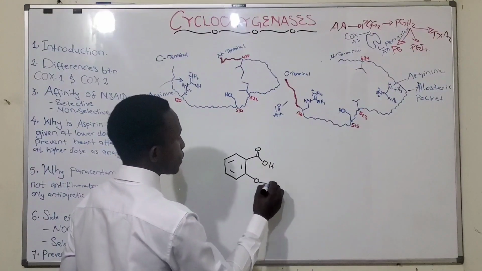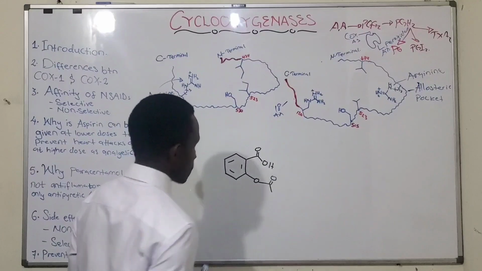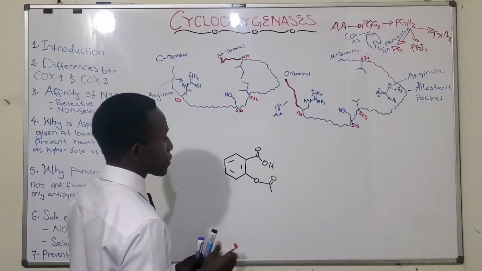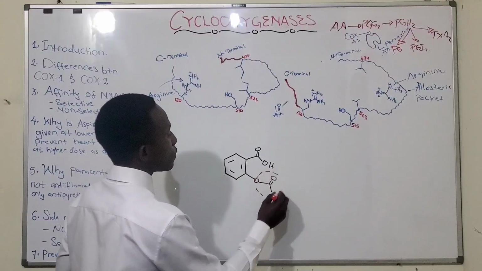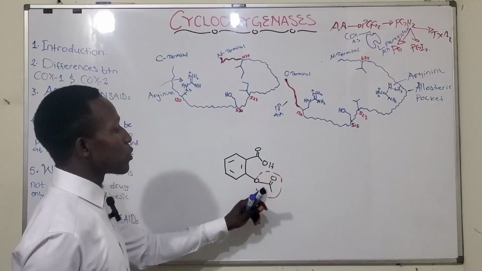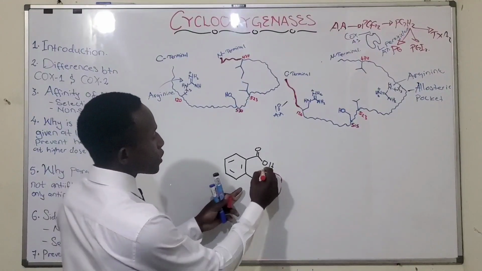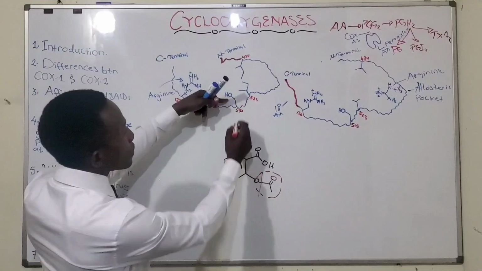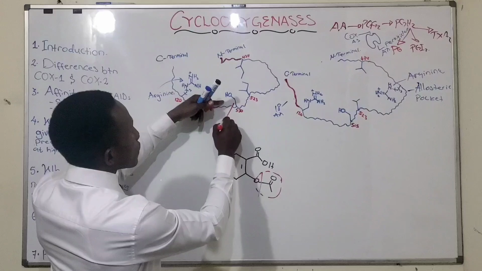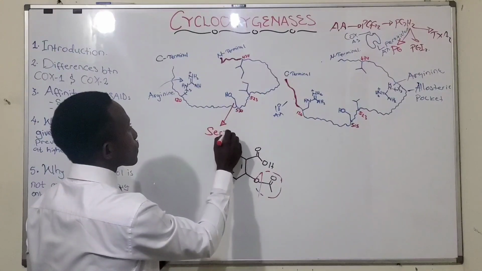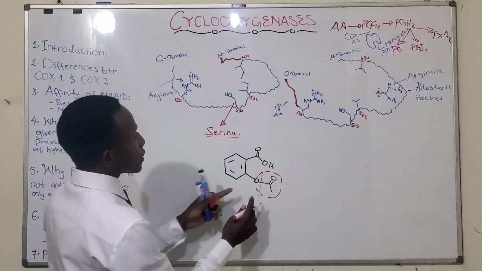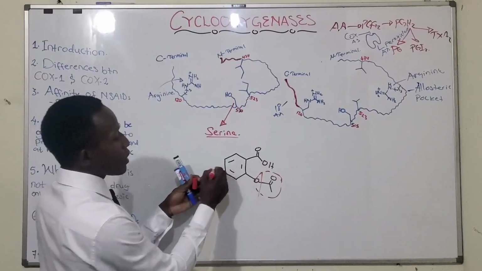It has this acetyl group here. This group is cleaved off and permanently acetylates this amino acid here. This is serine. The serine is acetylated by the aspirin.